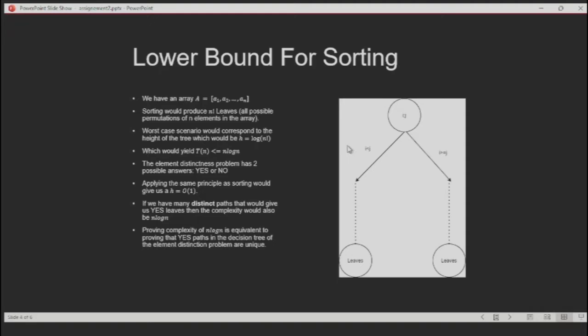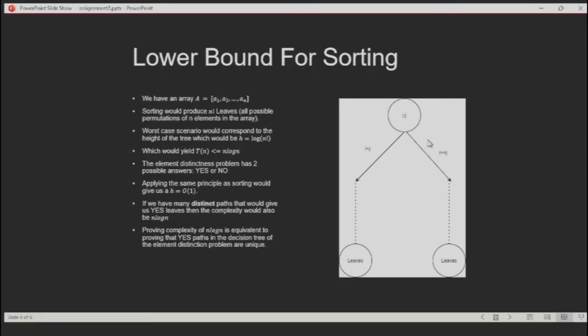And if we want to draw the decision tree of such a problem, then we usually compare any two elements, i and j. And depending on the comparison between those two elements, if Ai, for example, is less than Aj, then we will go to a certain path in this tree, and after comparison of all the elements inside the array, we will reach a certain solution which represents a leaf in this decision tree.